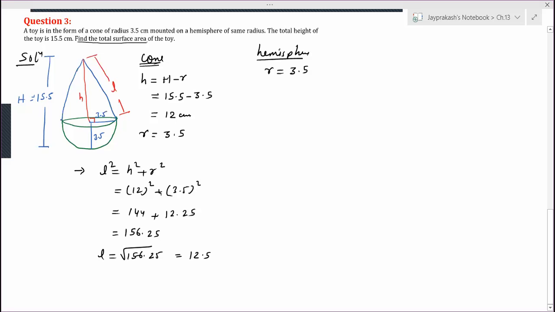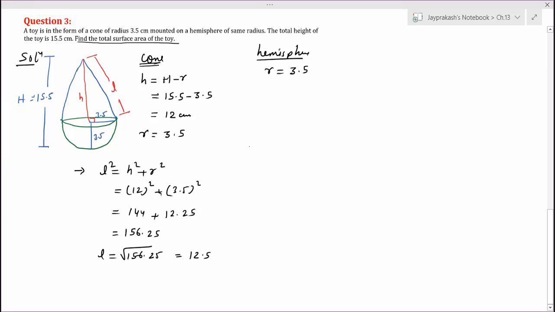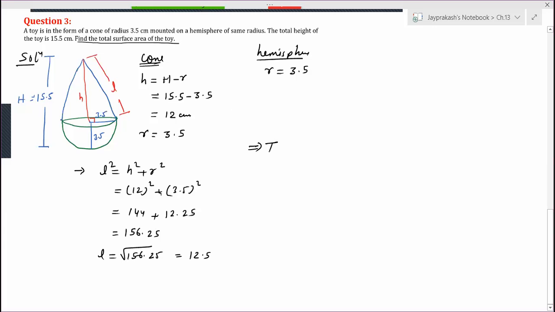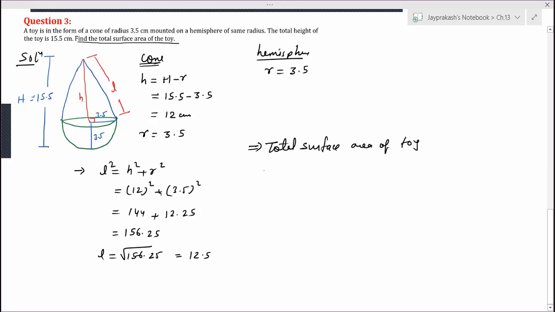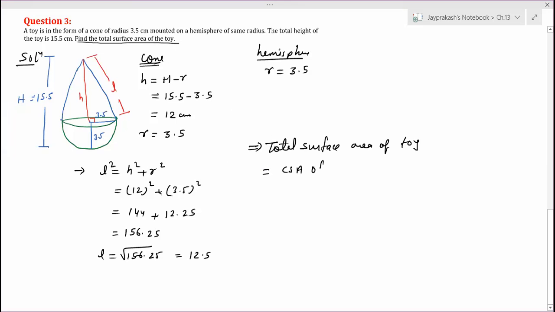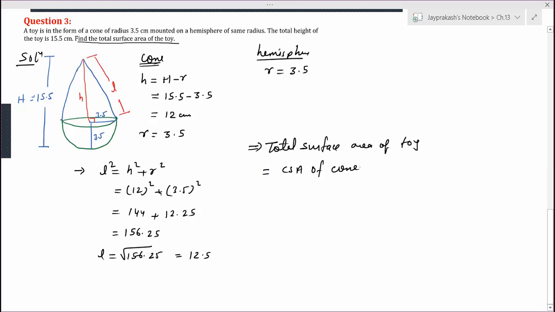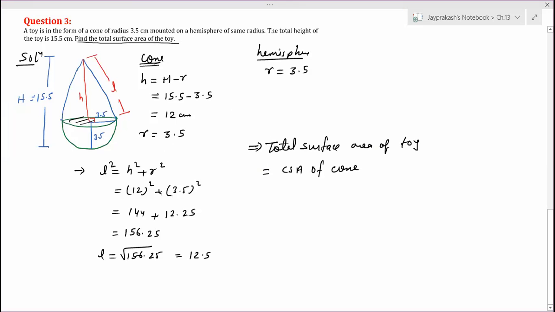So we have to find the total surface area of the toy. We will write here: surface area of toy equals CSA of cone plus CSA of hemisphere. We are not going to close this portion, so don't think about the total surface area of the cone because it is open from the inside.